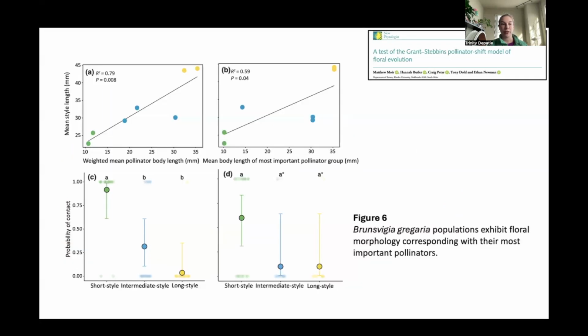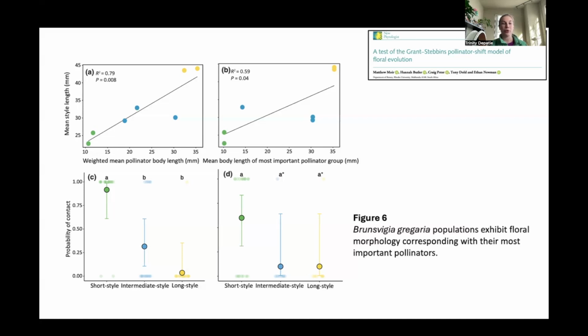Next up, we have figure 6, which is showing us again some data that's been collected on the pollinators that are visiting these plants across these 3 different ecotypes. And we can see that in A and B, when comparing the weighted mean pollinator body length, as well as the body length of the most important pollinator group to the style length, both of those have strong positive correlations, which indicates that at each of these different ecotypes, there are different pollinators that are visiting each of these ecotypes.